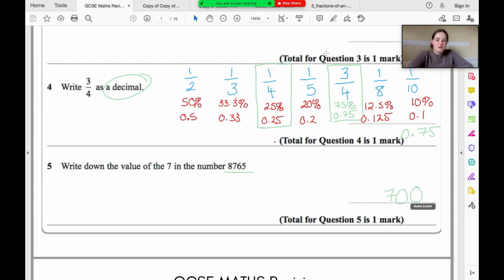Now, if you struggle with things like this, it's always nice to go back to the beginning of number, because number can be really interesting if you actually try to enjoy it, and really understand what your units, your tens, your hundreds and your thousands and so on are. In this case we have thousands, hundreds, tens and units. We have 8,000, 700s, 6 tens and 5 units. So 7 is in your hundreds column.